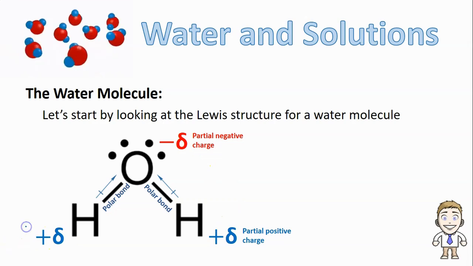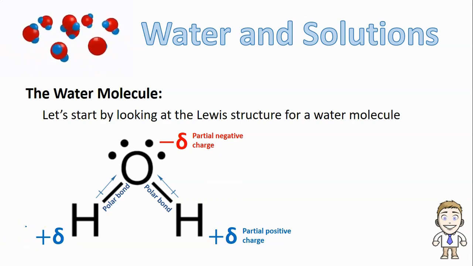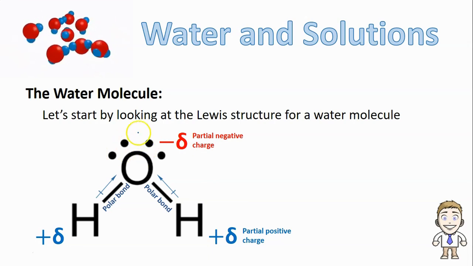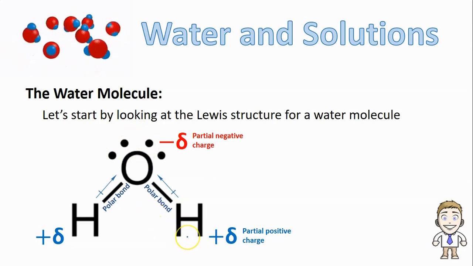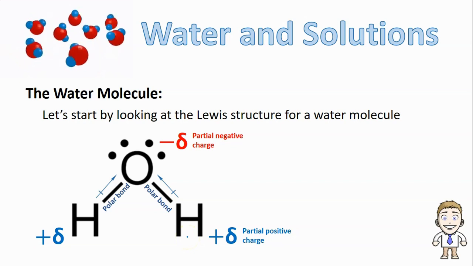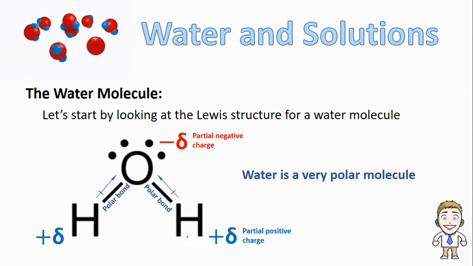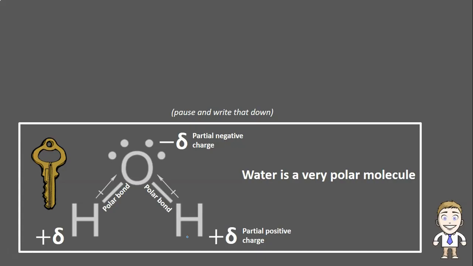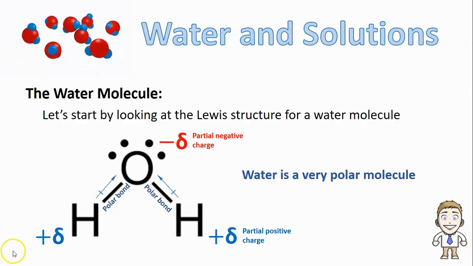So what we get here is a molecule, the H2O molecule, that has one side that's very negative and another side that's very positive. And this property, when the molecule has a negative side and a positive side, is called being polar, and water is a very polar molecule. This Lewis structure with these polar bonds and those partial negatives and positives is one of the key ideas for this video. Make sure you pause and take a moment to write them down.